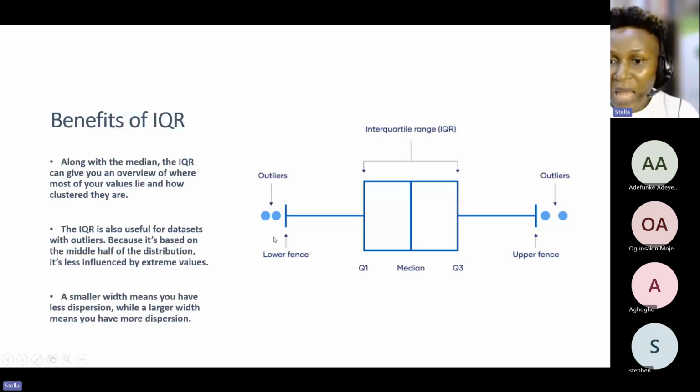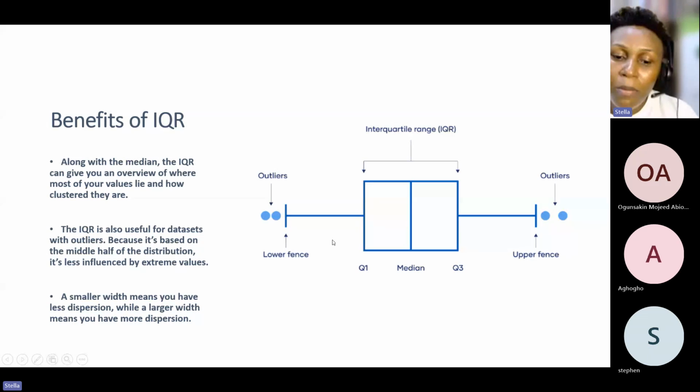Now, notice that we have outliers lower than the lower fence and outliers above the upper fence. So if you have a data set that is normally supposed to run from 1 to 100, and you now have some data points that are 500 and something, 900 and something, they are outliers, they are outside the fence.